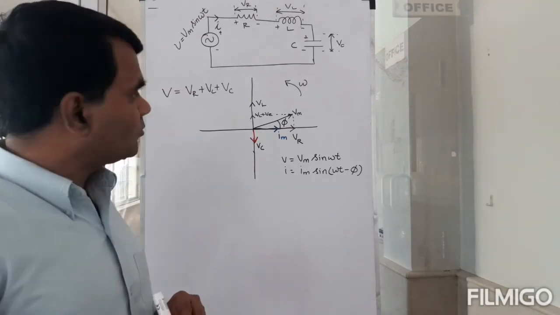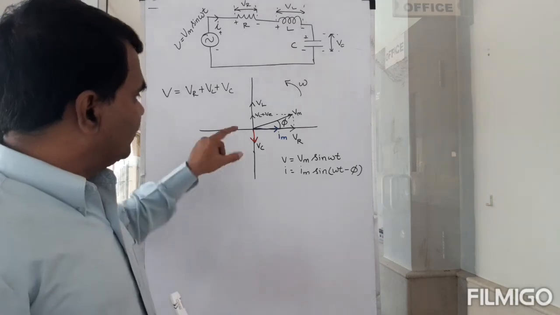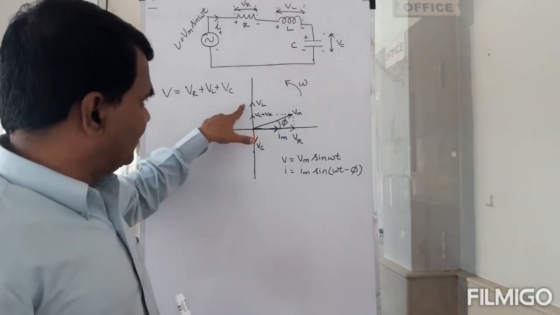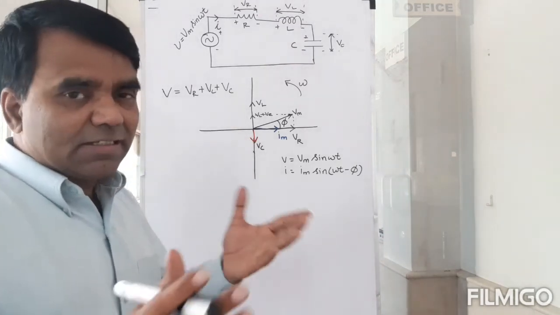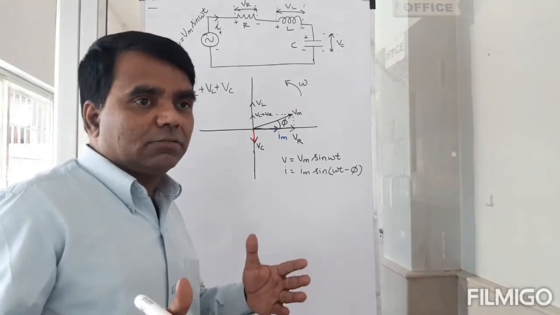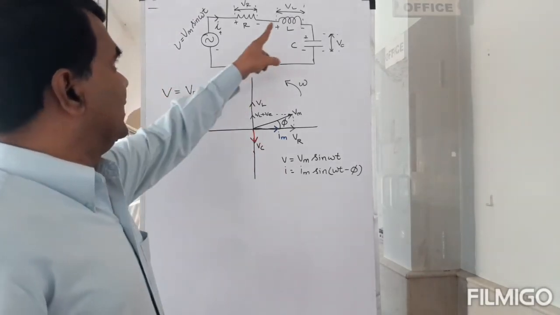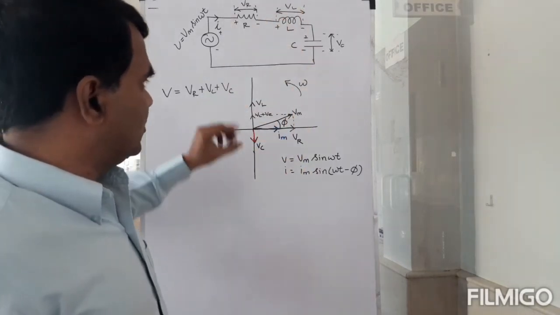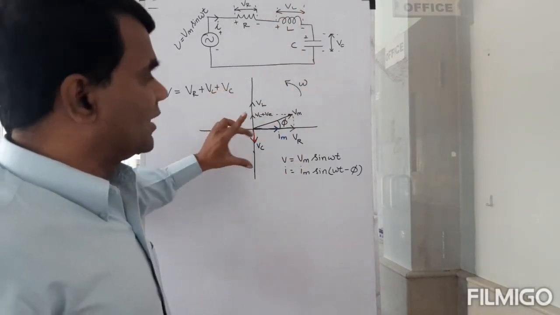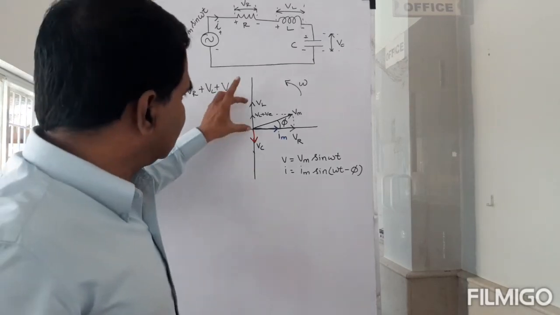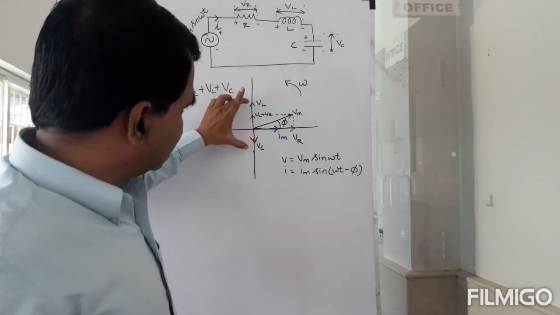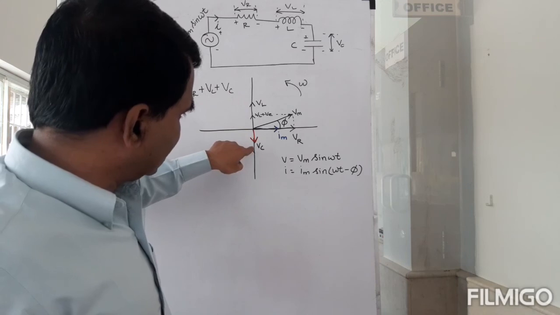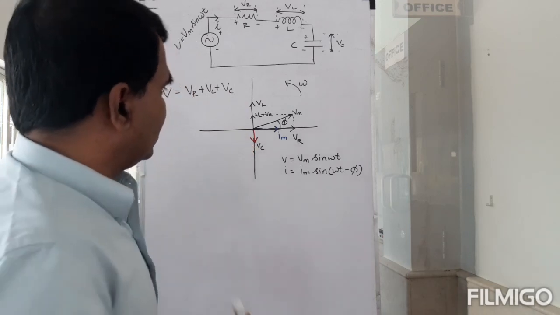What would happen if VC was greater than VL? That is not an unimaginable scenario, because if L or C changes in the circuit, it is quite possible that you have a lower VL and a higher VC. In that case, the resultant of these two vectors would be in the negative y direction.